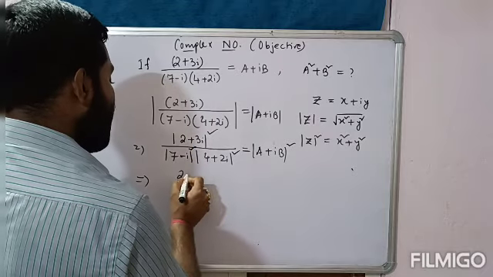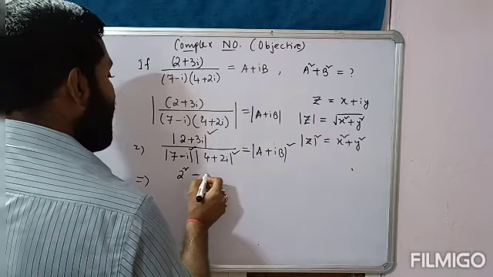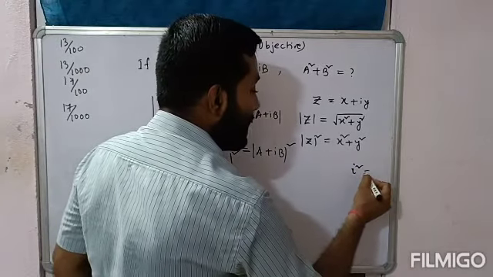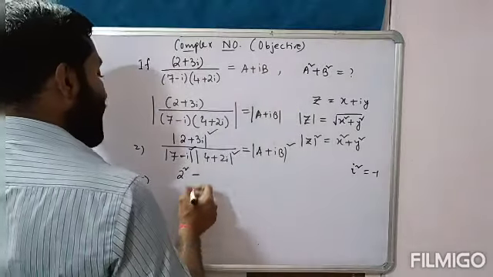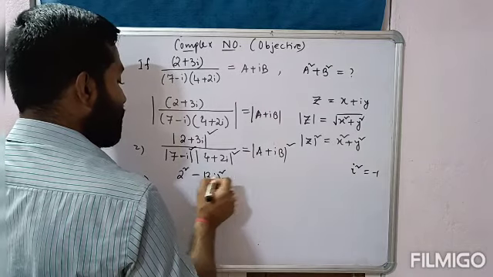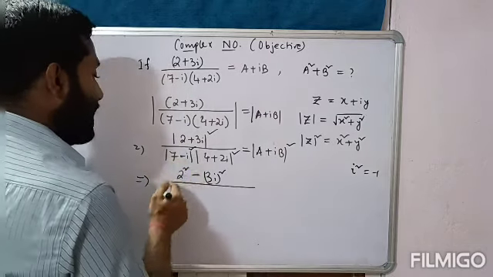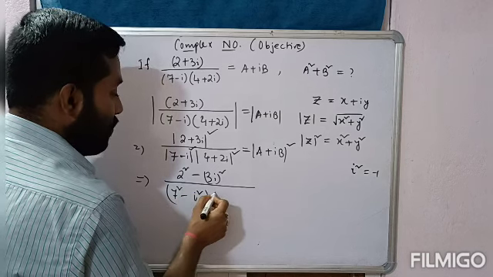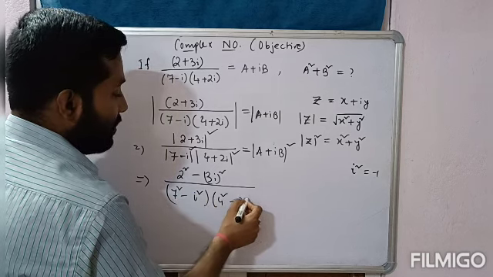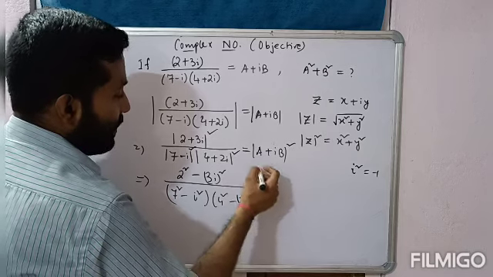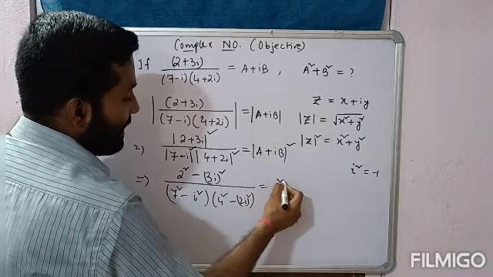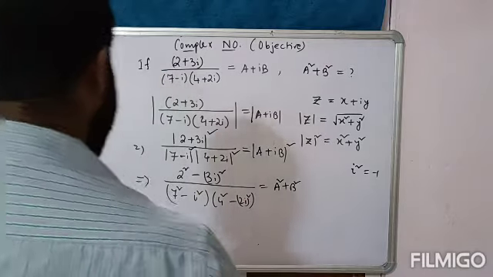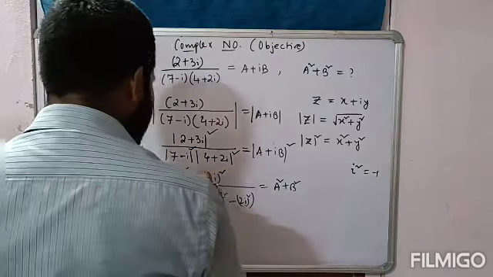So it will be 2 square plus 3 square, actually here I have given a plus sign because minus i square, the value of i square is minus 1. So the numerator is 2 square plus 3i whole square, divided by 7 square minus i square into 4 square minus 2i whole square, equal to a plus ib whole square, which can be written as a square plus b square.